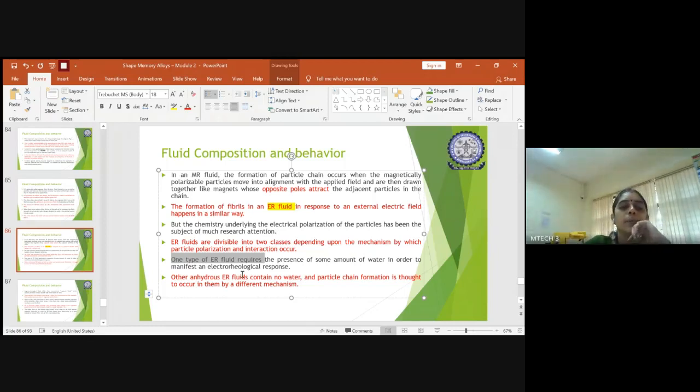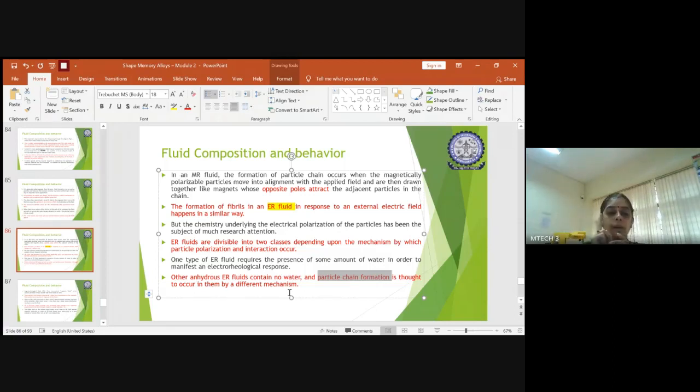The other type of ER fluid is also called an anhydrous ER fluid. If it is anhydrous, it is obviously understood that there is no hydro element in it, meaning no water content. Without water content, we can also observe the chain formation of the particles by using a different mechanism. So based on the mechanism used, we have two types.